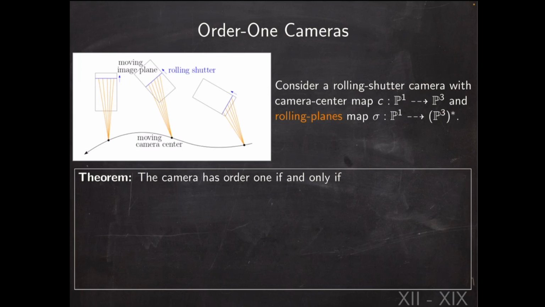So how does this go? Here is again the sketch of a rolling shutter camera. To recall notation, I have this map C that at every given point in time gives me the position of the camera center. And then I have also at every given point in time these orange planes, which are unions of these orange camera rays. I call this small sigma the map that eats a time parameter and outputs the orange plane at that time.